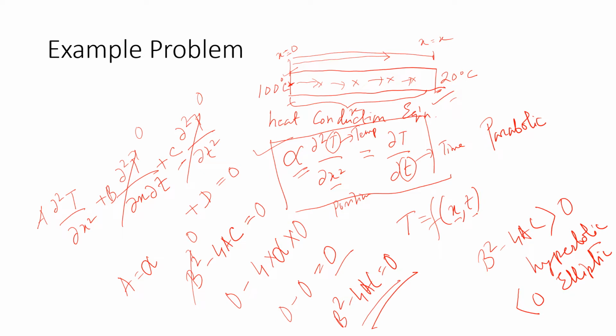So it satisfies the condition of a parabolic equation, and hence this equation is a parabolic equation. So we understand that alpha del square T by del x square equals del T by del t is a parabolic equation.